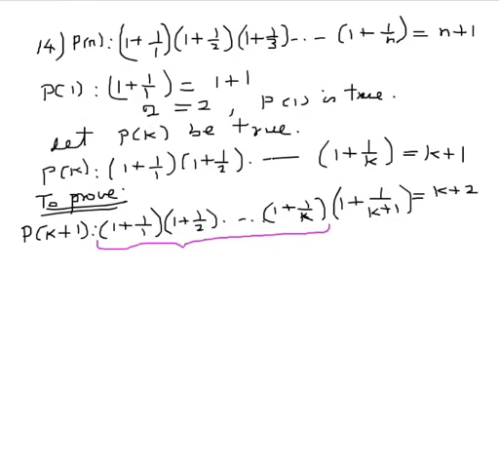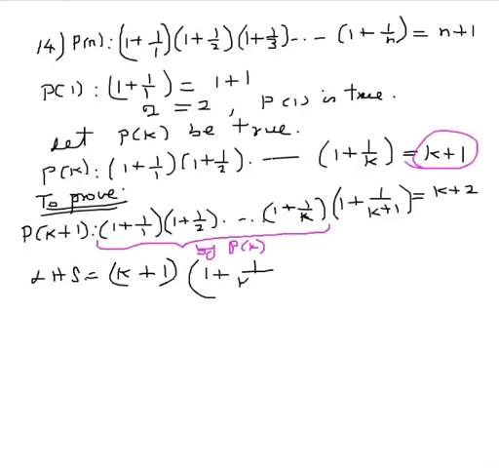So product of the first k terms we know. From P of k result, we can replace it by this, k plus 1, and the last term, k plus 1th term, should be multiplied with. This simplification is so easy to do. Just take LCM.